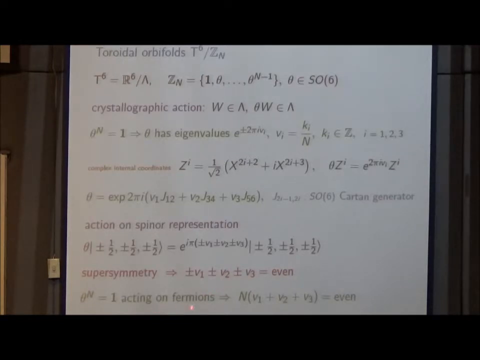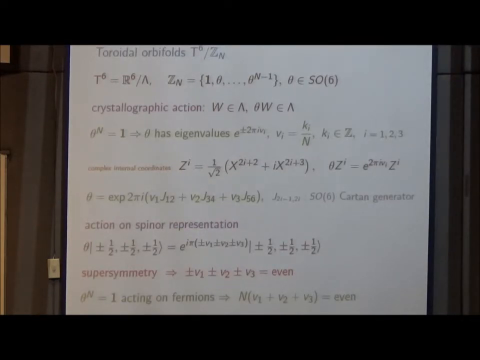There is one more condition: if we want theta to the n to be 1 acting on fermions, spinors, then you need another condition like this. Just take this to the n and you see.